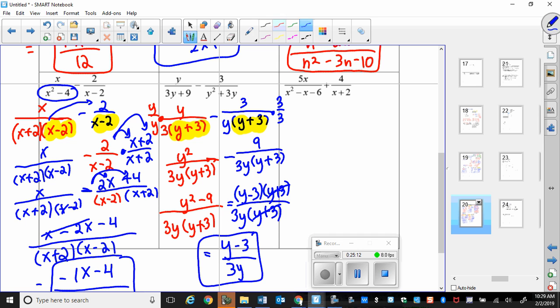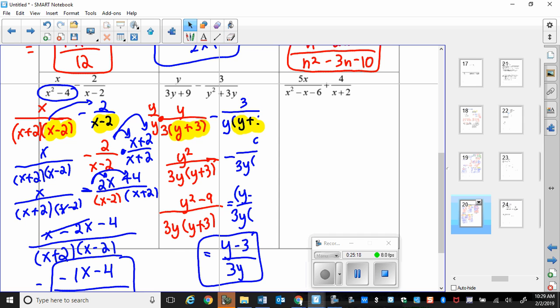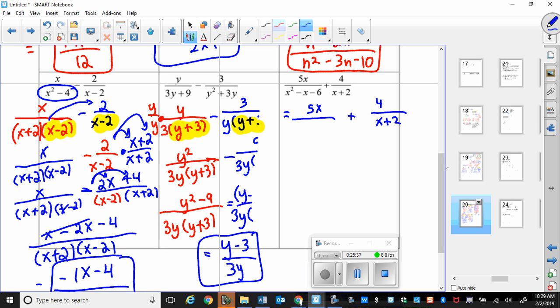So let me make some of this a little bit smaller here. Erase a little bit. Okay, so we have 5x divided by something plus 4 divided by x plus 2. I can't factor x plus 2, but for the left-hand side, I have x squared minus, that's a 1 in front, 1x minus 6.